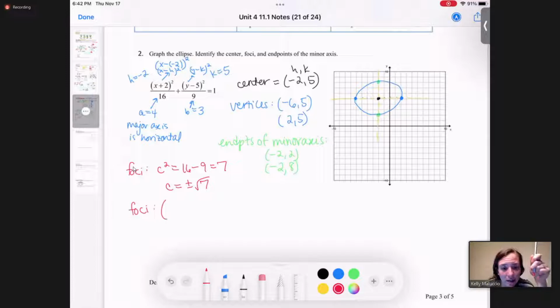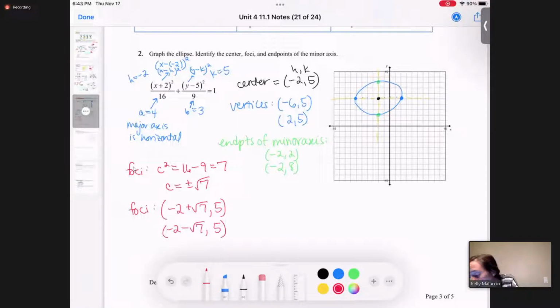In this case it's the horizontal, so it's the x coordinate, and we add and subtract our c value to our x coordinate. When it starts at (0, 0), you don't have to think about it. So here, I would say -2 plus square root of 7, comma 5, and then -2 minus square root of 7, comma 5.